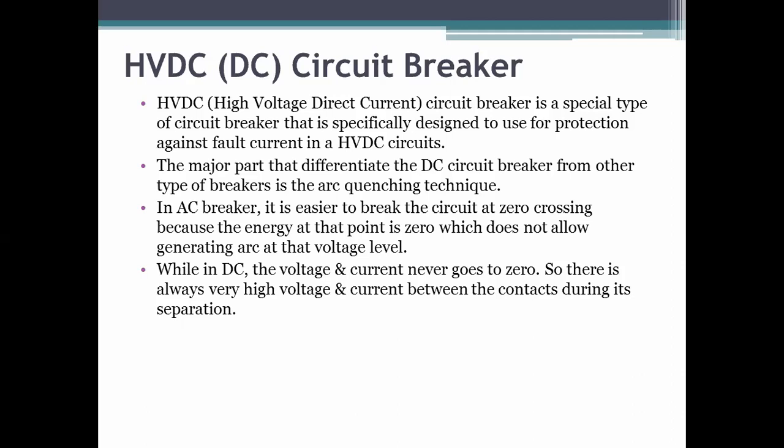Now, this HVDC circuit breaker is specially used for the DC circuit. It is a special type of circuit breaker specifically designed for protection against fault current in HVDC circuits.